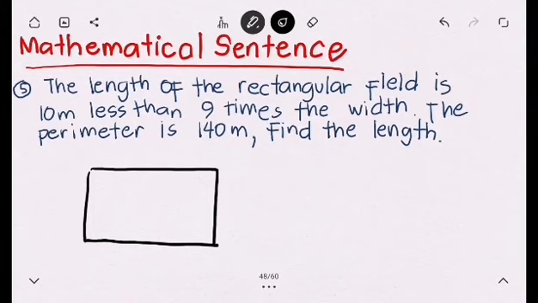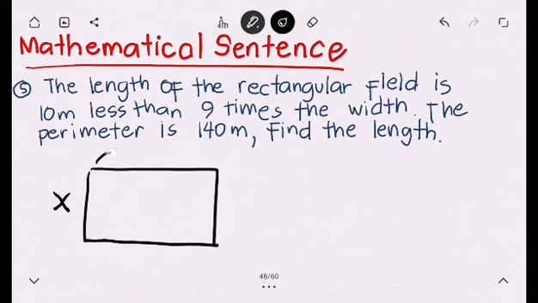So, analyze natin. Ang width ng rectangle ay ire-represent ng variable which is x kasi yun yung basis ng ating length. Ang length daw sabi is 10 meters less than 9 times the width.